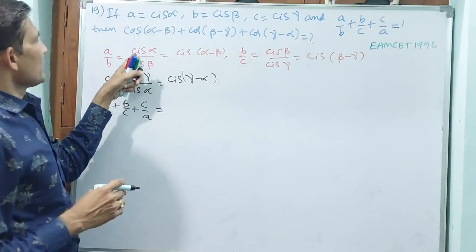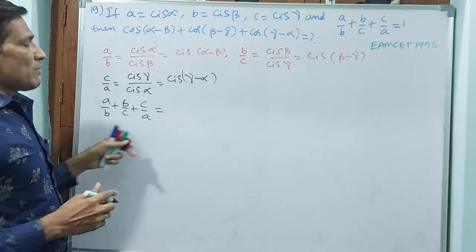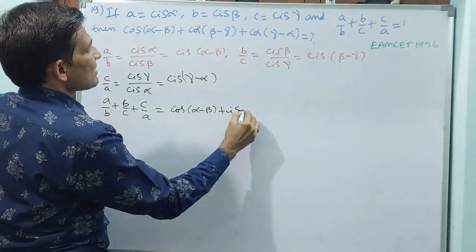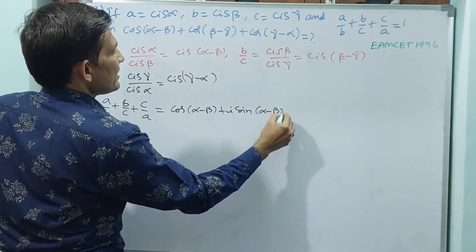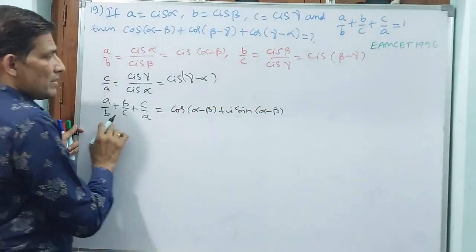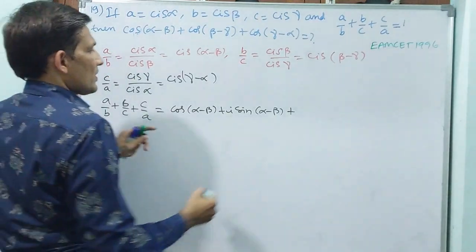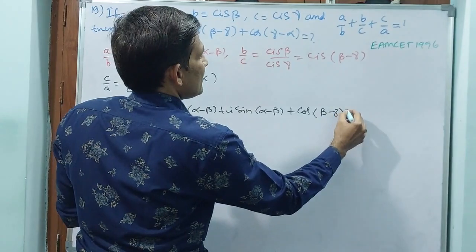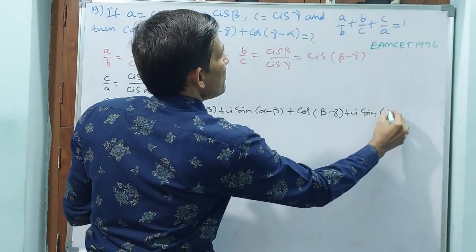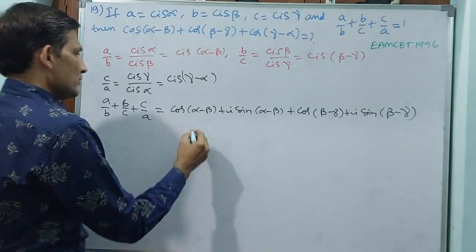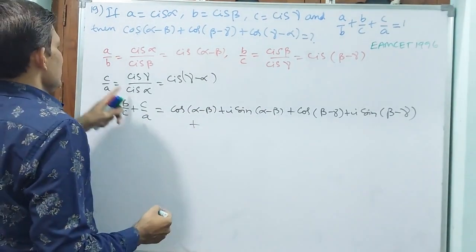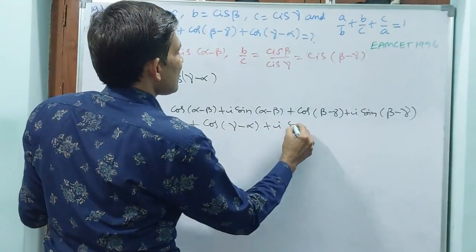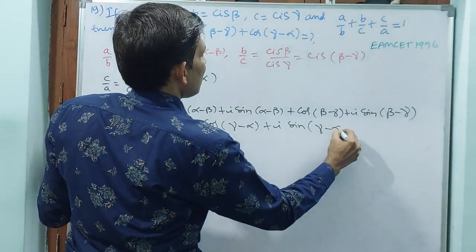So A by B means cos of alpha minus beta plus I sin alpha minus beta is the first term, plus cos of beta minus gamma plus I sin beta minus gamma, the second term, plus the third term, C by A, cos of gamma minus alpha plus I sin gamma minus alpha.